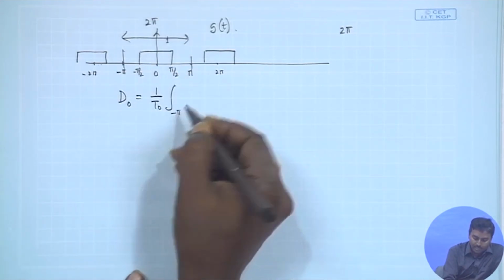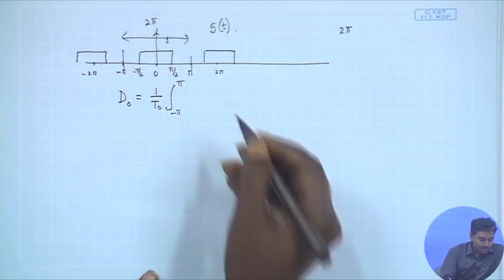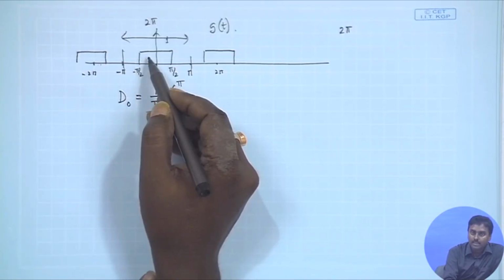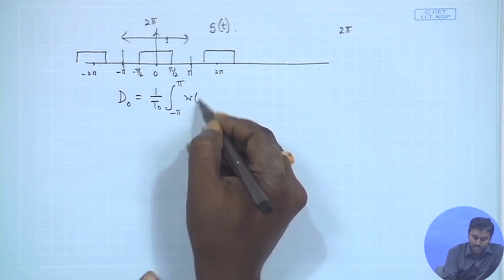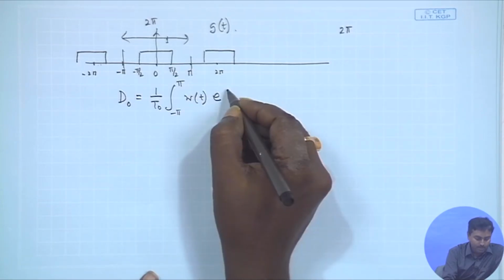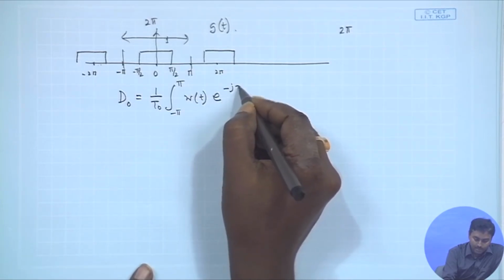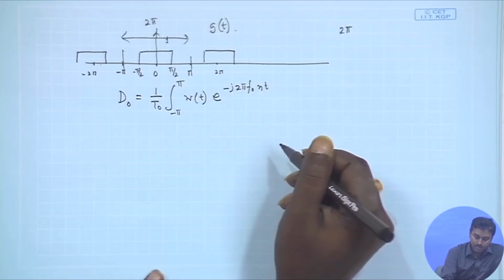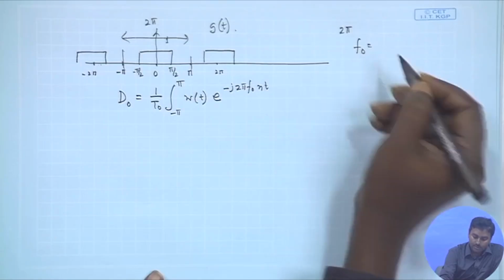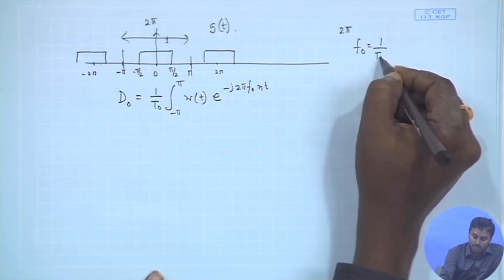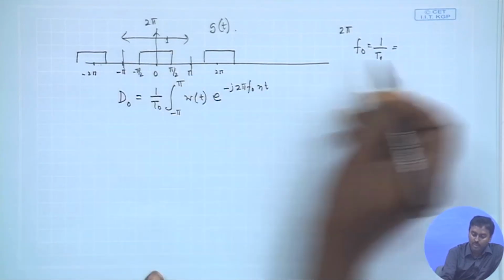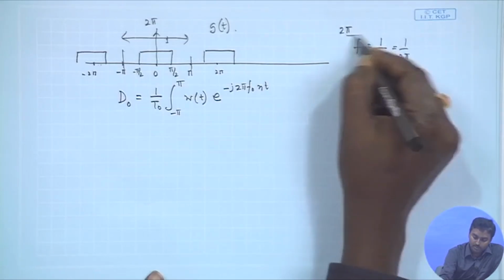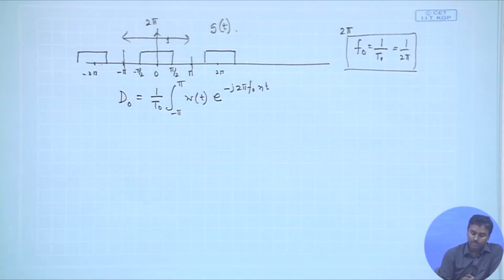So minus pi to plus pi, I have to put the signal itself, which is g(t), into e to the power minus j 2 pi f0 n t. So what is f0? f0 is 1 by T0, and T0 is just 2 pi, so 1 by 2 pi, right. So this is what we get.